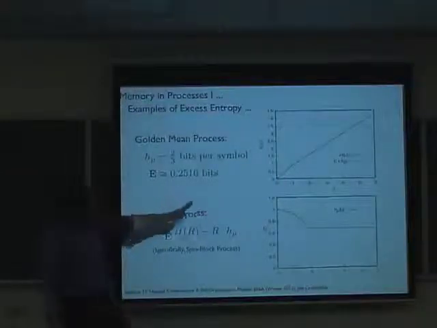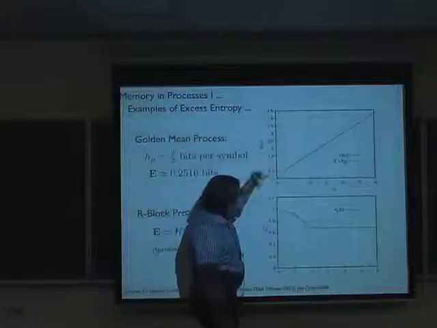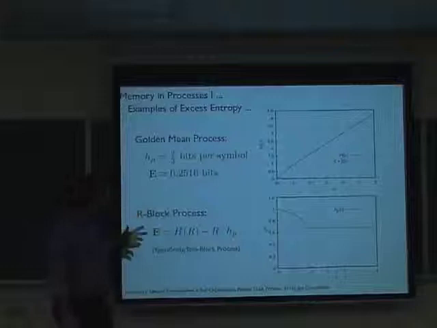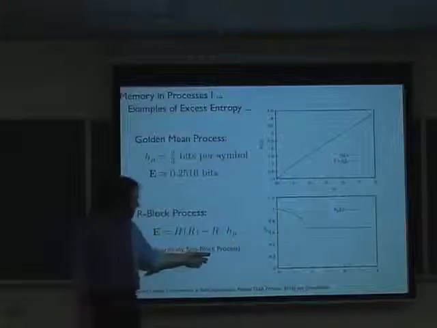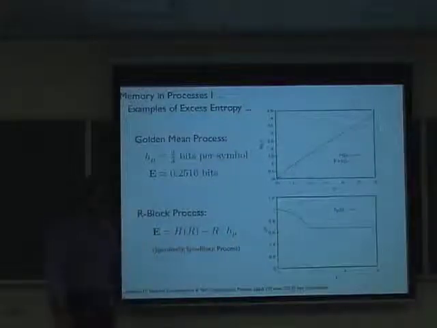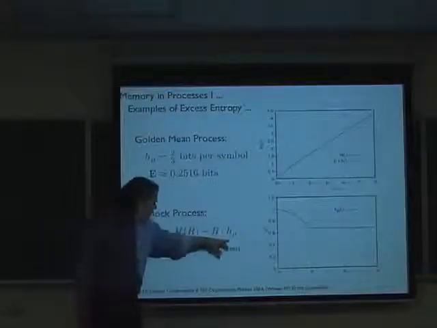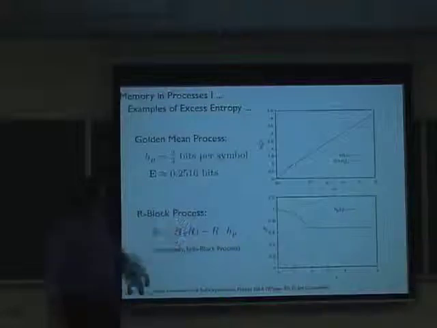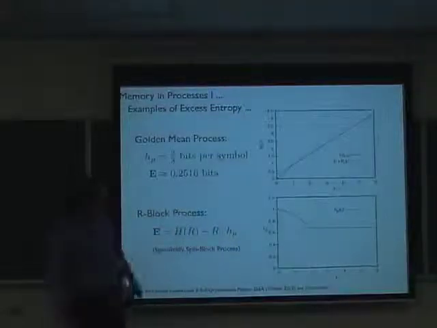And this picture here, the golden mean process, is sort of indicative of any sort of R block process. In particular, for spin block processes, which maybe we'll have a chance to talk about, generally it looks like there's a closed form that you can write down in this one very restricted case. And so you can calculate this for the golden mean.